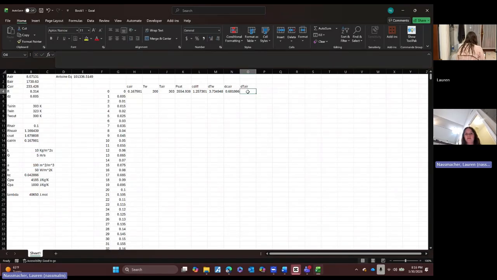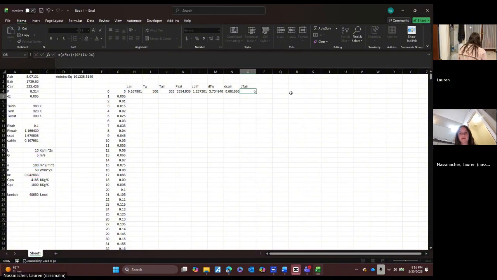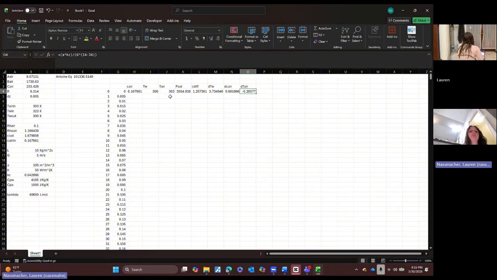And now our air is very easy. It's just going to be A multiplied by Kc divided by our G multiplied by that temperature difference between our water and our air. Okay, it's negative, but that's just because I put in the right value for our water.